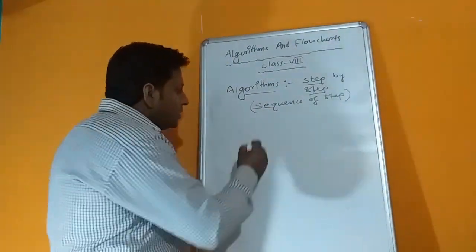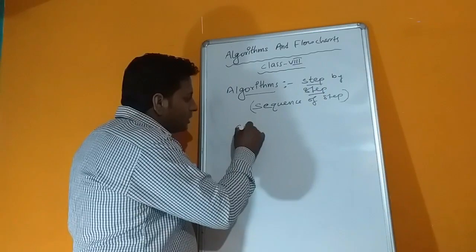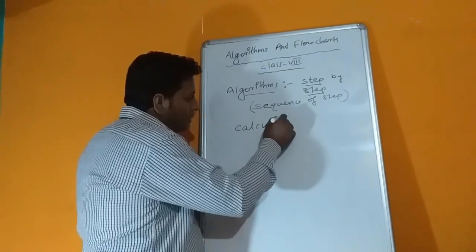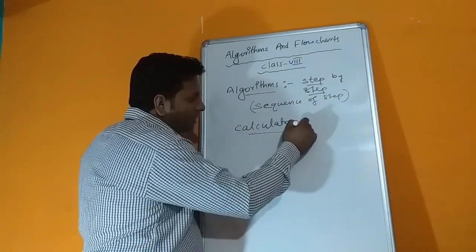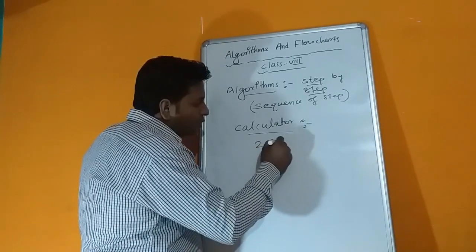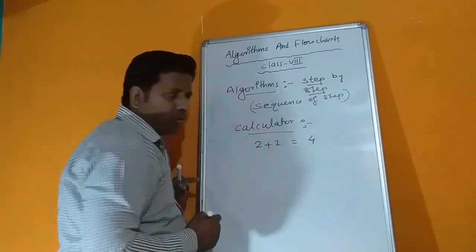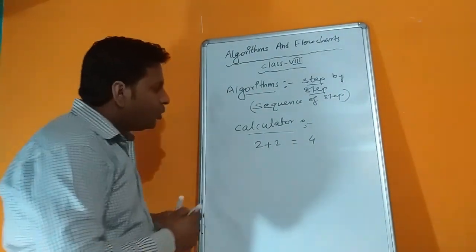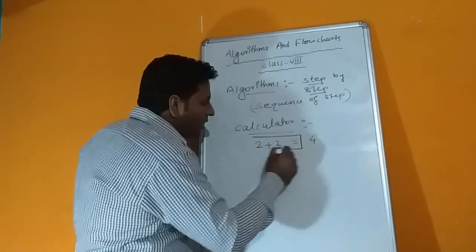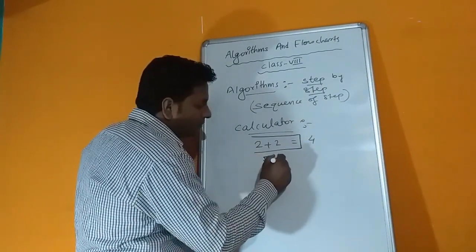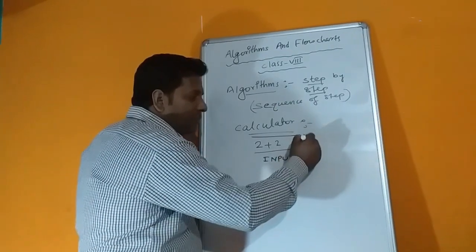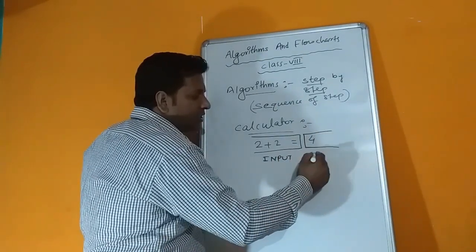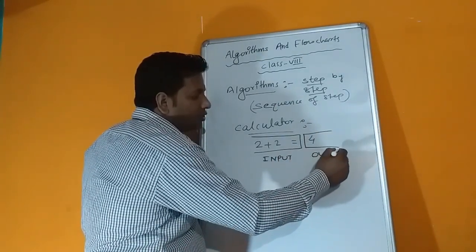Suppose you're using a calculator, and you need to add 2 plus 2 and you get the result as 4. Now see, here 2 plus 2 equals, this part is totally input, then the computer or calculator processes it and you get the final output.